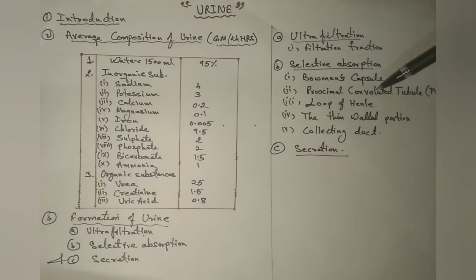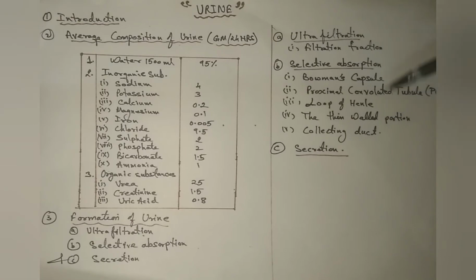This pressure is termed hydrostatic pressure. In glomerulus, the hydrostatic pressure is about 75 mm Hg. In contrast to this, the pressure is only 30 mm Hg in Bowman's capsule.